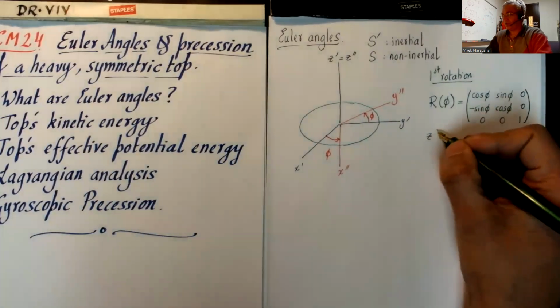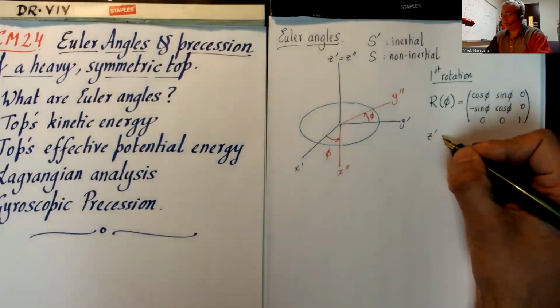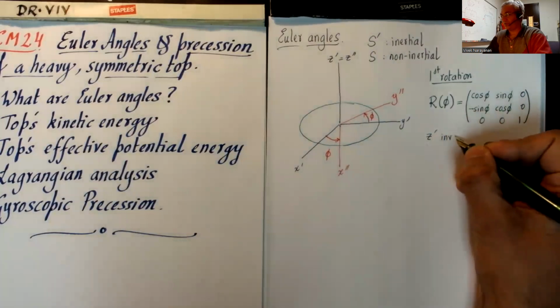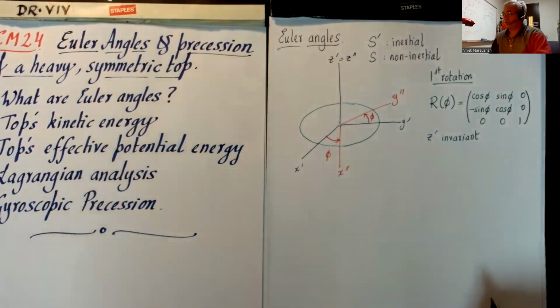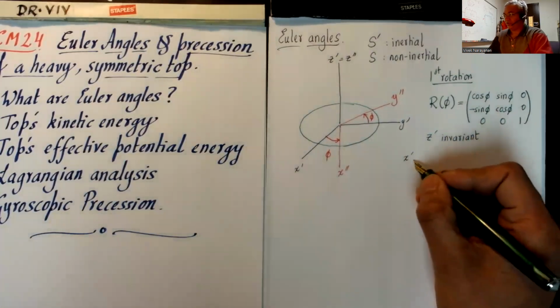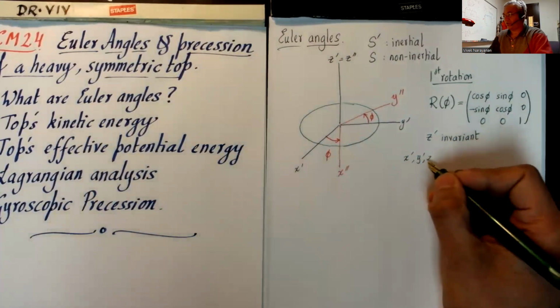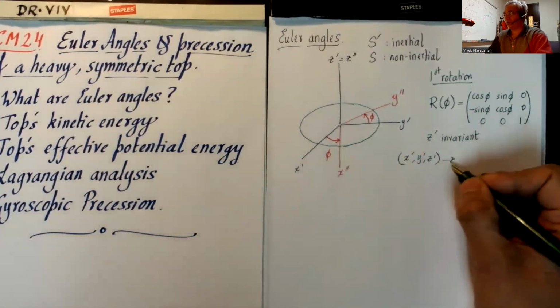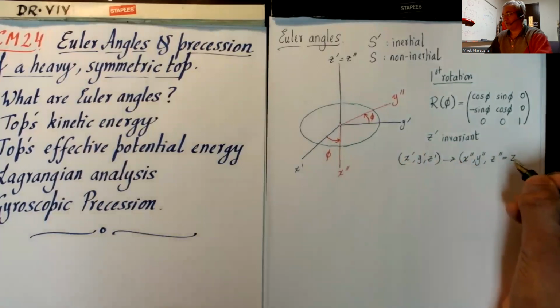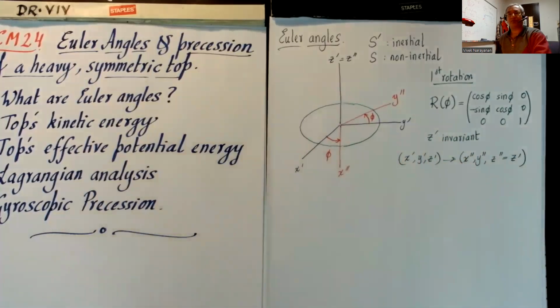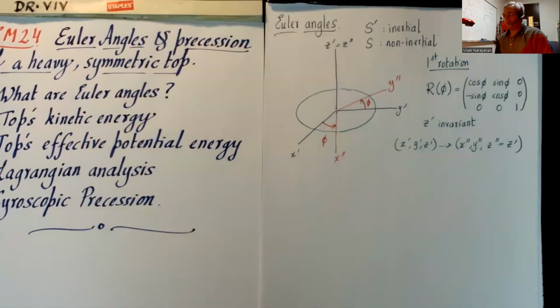So I'll indicate the axis that's invariant here. So what this does is it takes the coordinate system x prime, y prime, z prime to the coordinate system x double prime, y double prime, and z double prime, which is in fact equal to z prime. No change.